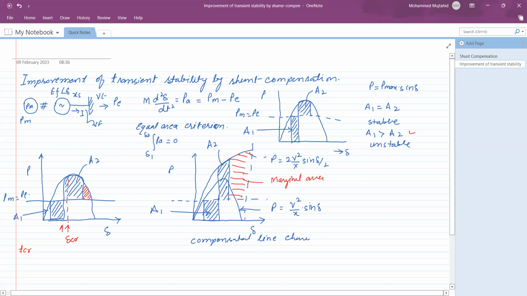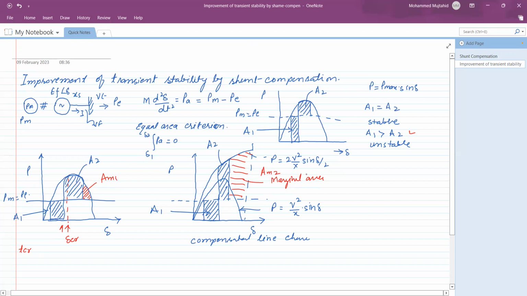So this area A2 is very large, and I will write it as AM2, and this one as AM1. The marginal area for the uncompensated line is very small, whereas the marginal area for the compensated line is very large.